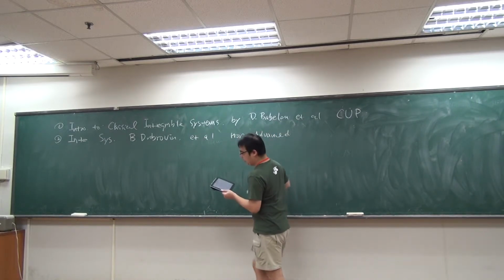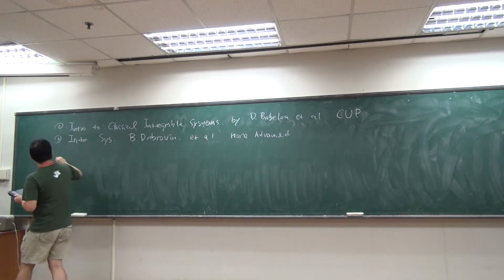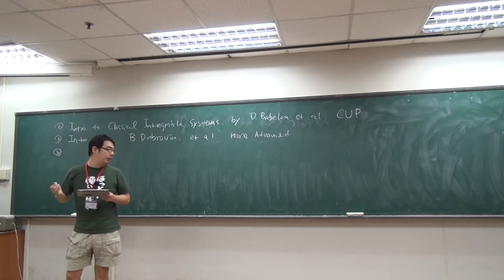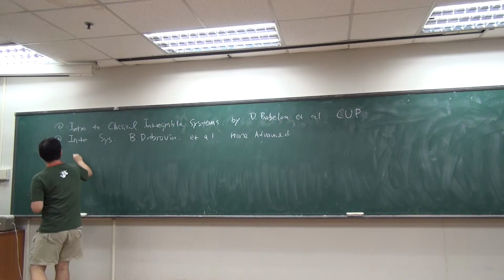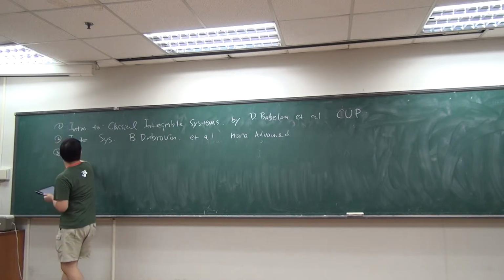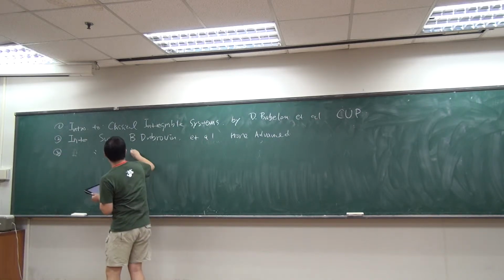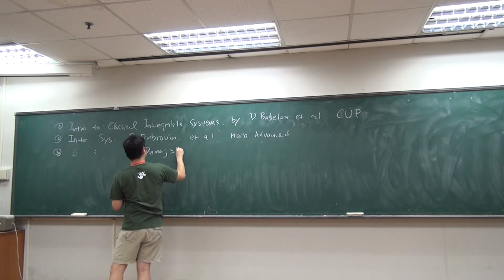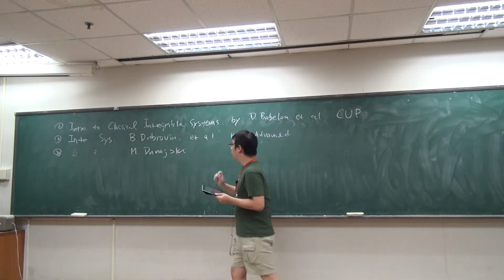The third one is a set of notes given by somebody in Cambridge, also of the same name, by Maciej Dunajski.